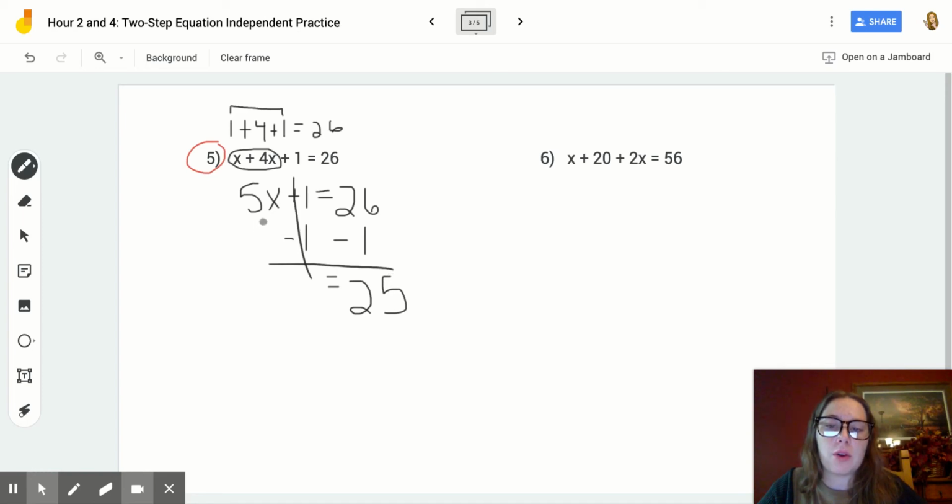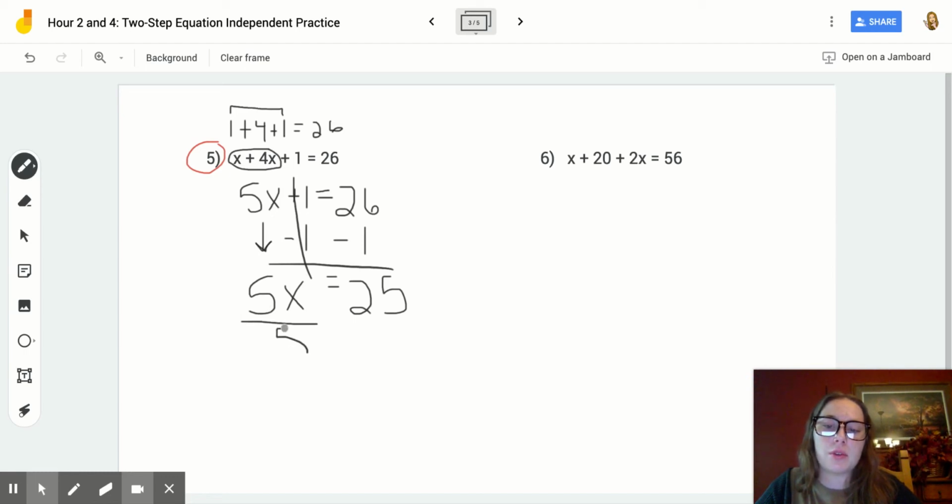Now we just bring down whatever we did not touch yet, and that is our 5x. So now we have 5x equals 25. In step 2, we have to undo multiplication or division. So in this case, since 5 and x are being multiplied together, we are going to undo that using division.